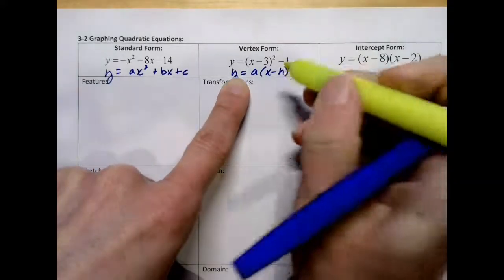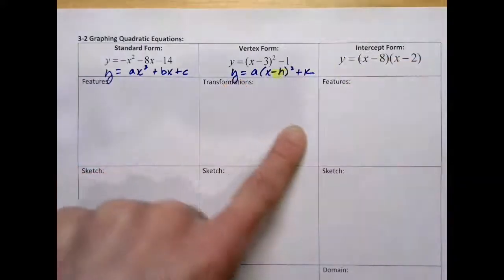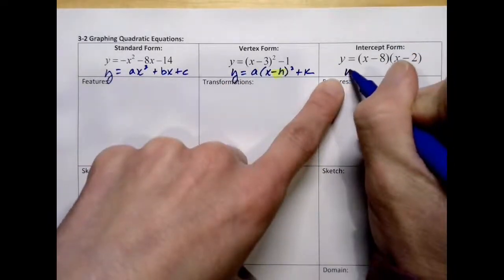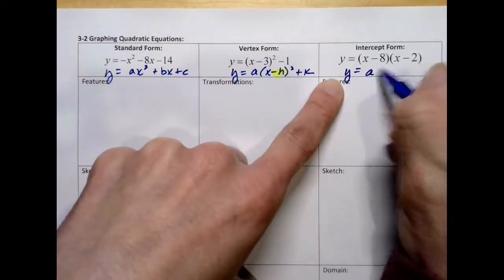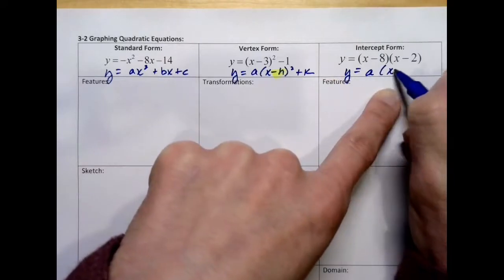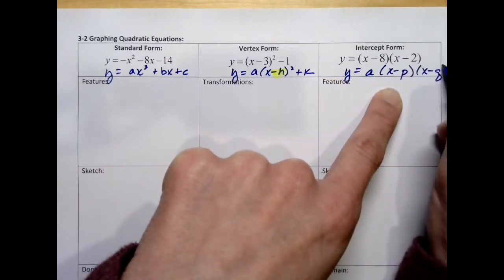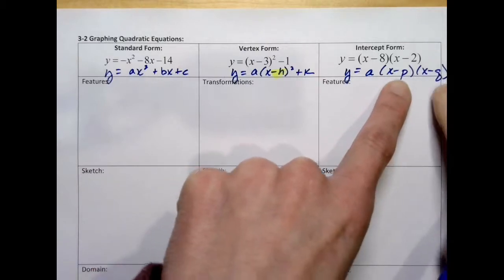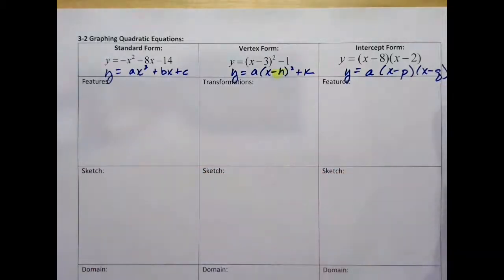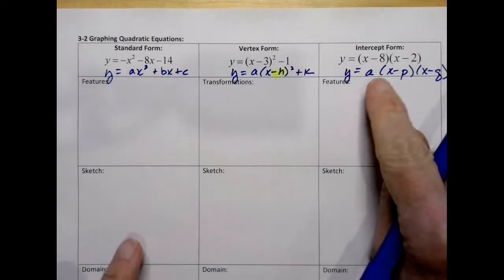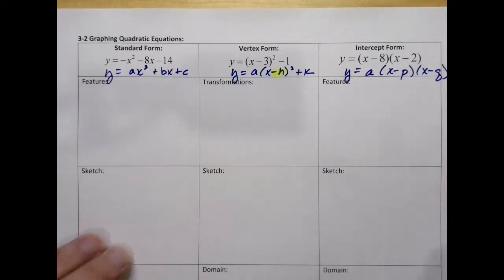Remember that this is always naturally negative. And then our intercept form, y is equal to, sometimes I have an a here, but we call this x minus p and x minus q. And we can say that p and q are going to be our intercepts, but remember this a might play a role also. All right, let's talk about each of these different features and forms.